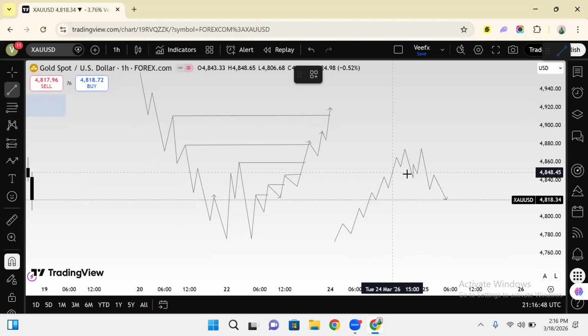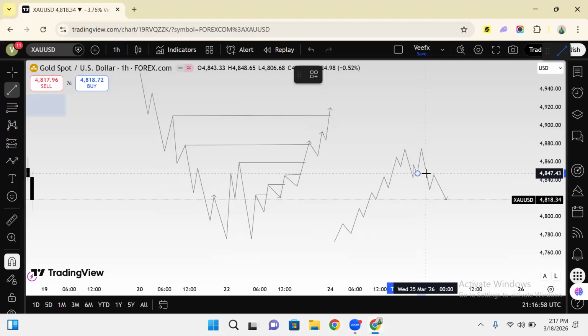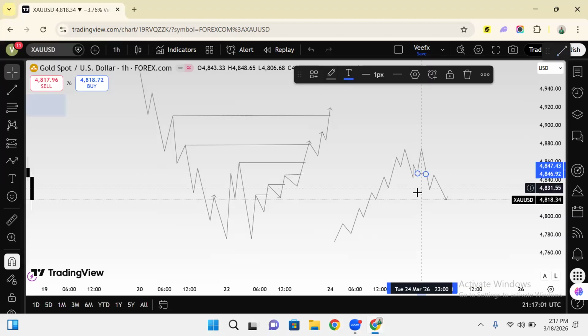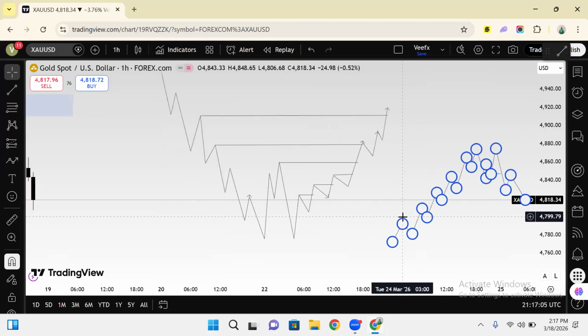Now, this particular market taking out this particular low is what? A single break of structure. This particular low is a single break of structure.